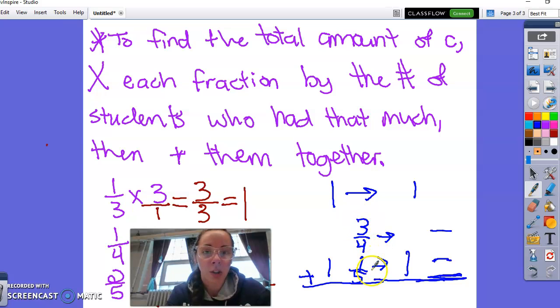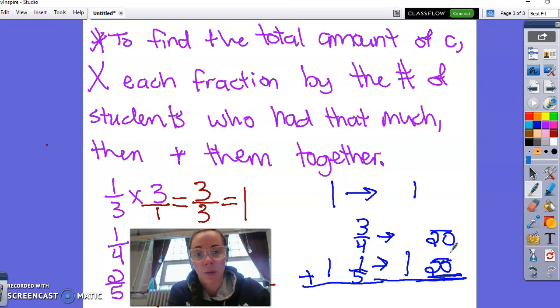Okay, for these fractions, what is a common denominator for the 4 and the 5? What do both of those numbers go into? Give you a second to think and write it down when you know what it is. They both go into 20.